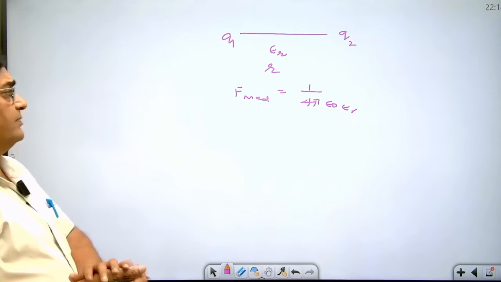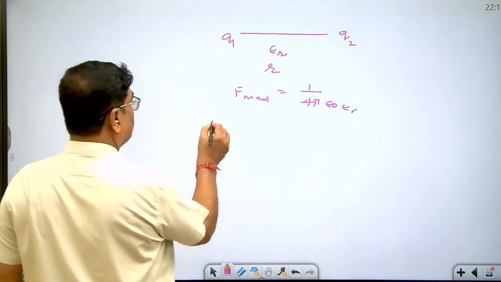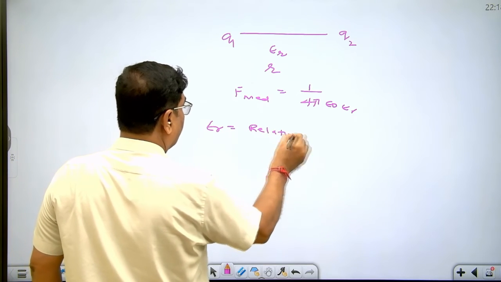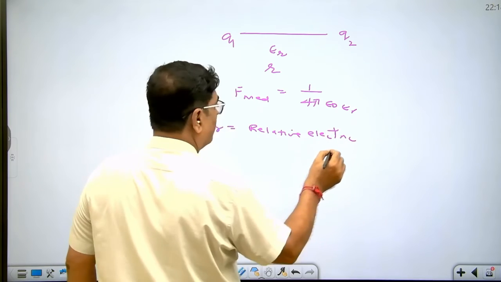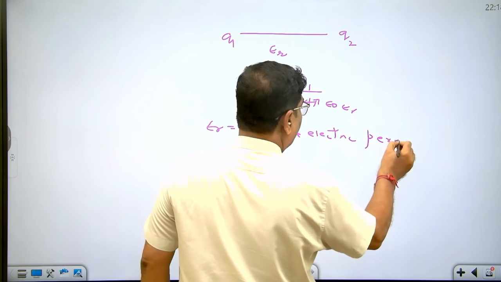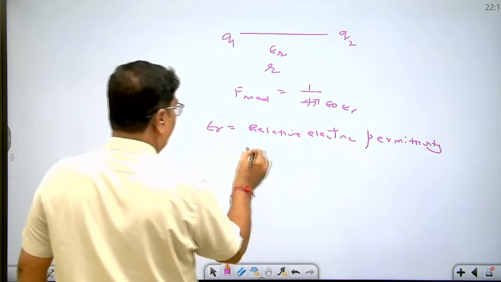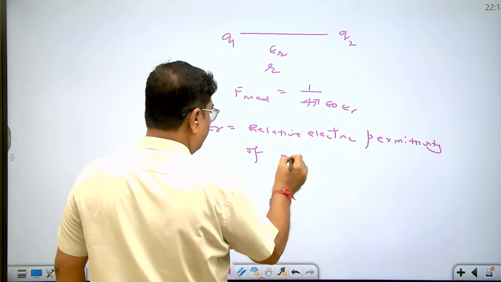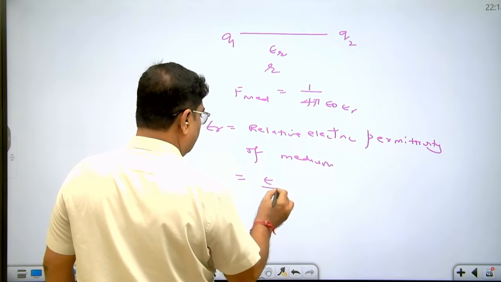This is the relative electric permittivity of the medium, and this is equal to epsilon upon epsilon 0.